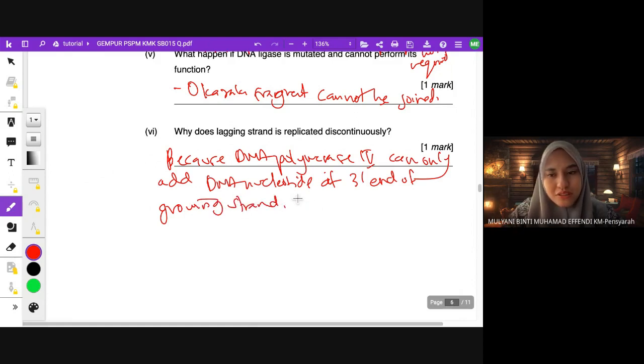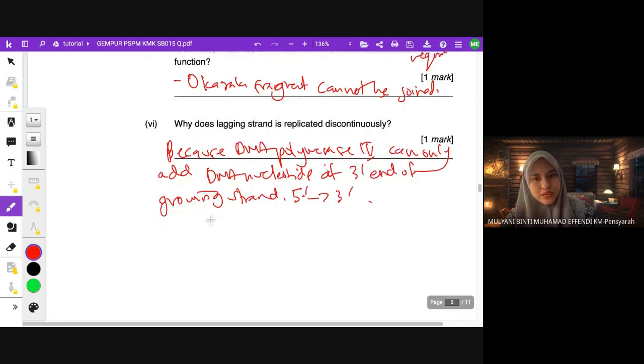Okay, so dia punya flow ataupun the direction of the synthesis adalah 5' to 3'. Okay, so itu jawapan dia untuk yang ini.